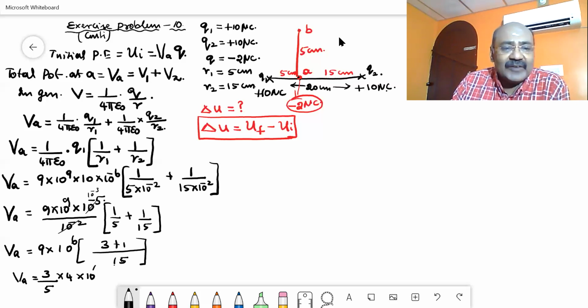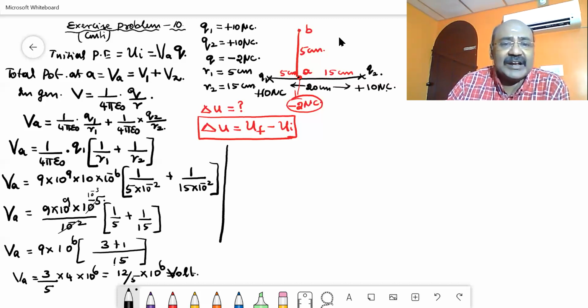So the answer is 12 divided by 5 into 10 power 6. Then the potential, you can just divide it out or keep it as it is. It is taken to be volt. This is the initial potential. So I have to calculate the potential energy.